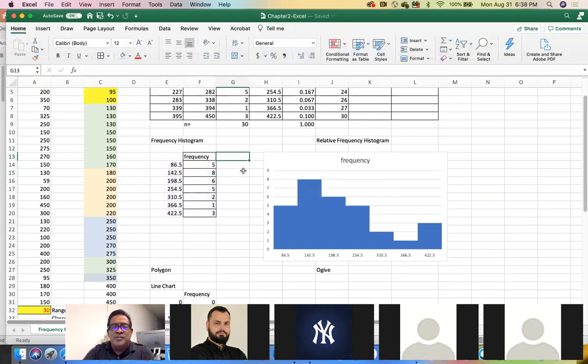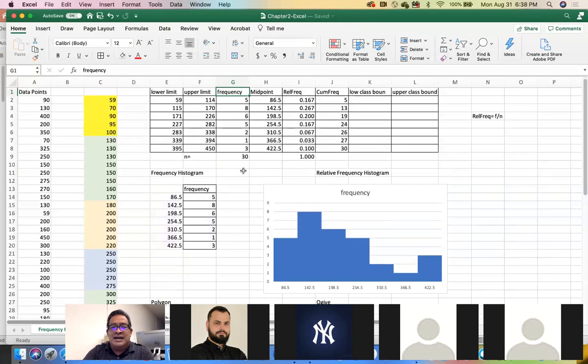In some cases, you have these class boundaries. The class boundaries are almost the same as this. What we are doing here is using the midpoints as the label of the bar. You can also use the class boundaries.